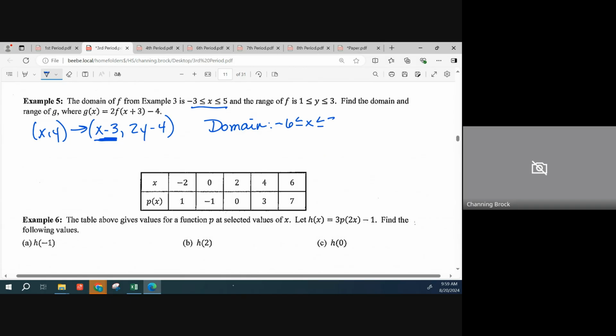And 2. And then the range, I just do what's happening to the y's. So if the y's start at 1, well, after they're transformed, they're going to be at -2. 1 times 2 minus 4. And then it goes to 2. And it's that easy.